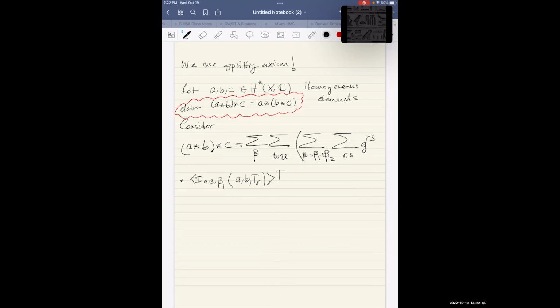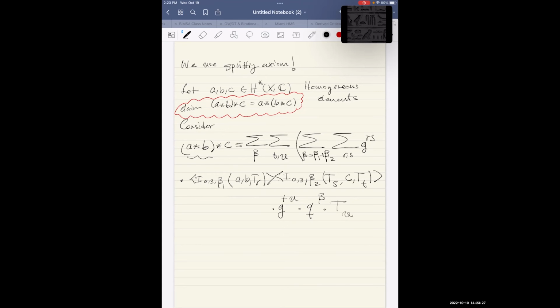And now that is the class of A star B. And I'm taking that and multiplying it again by C. So what do I get? I get the second coefficient, I03 beta 2 of TS, C, and T, times G to the TU times Q to the beta times T. Right?